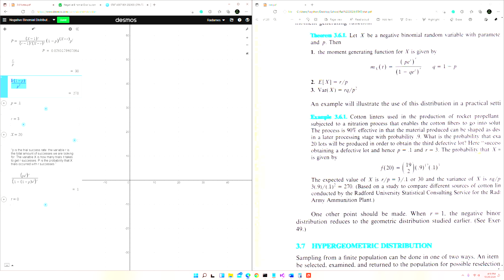And there's the variance, r times 1 minus p divided by p squared, and that comes out to be 270, which we can also see over here calculated out perfectly. So if you get any problem, they give you your p, your r, and your x, then you just plug those three values in here, and this should calculate out the probability. Right over here, this is going to be a maximum of 1.